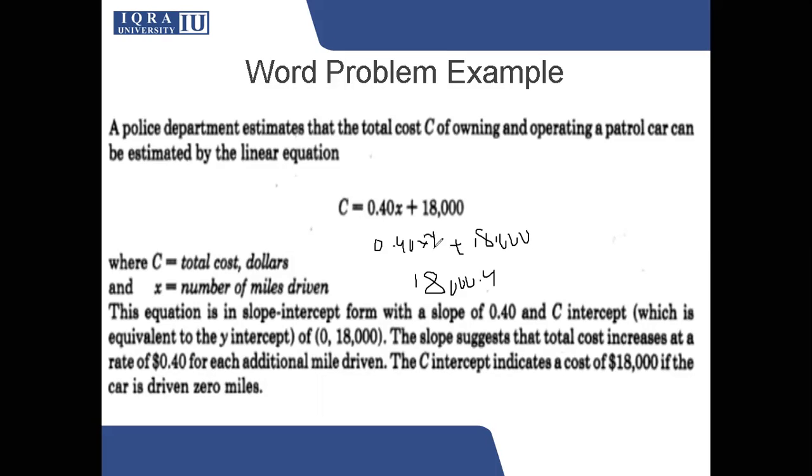And if this becomes 2 miles driven, then it becomes 0.8, and so it becomes 18,000.8. So basically this is the variable cost and this is the fixed cost, right? But the thing is that you can compare this with the general equation of a line.